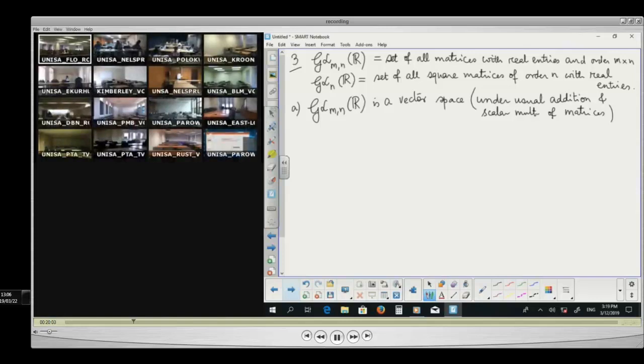Now, you also know about multiplication of matrices, but an m cross n has to be multiplied with an n cross p. Alright? So you have something like this. It's not an operation, but it can be looked upon as a function.